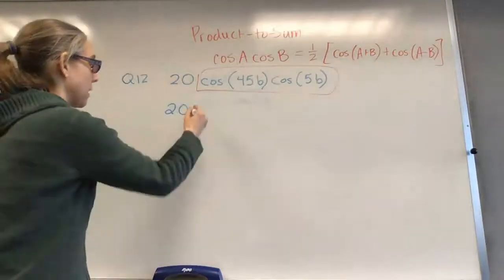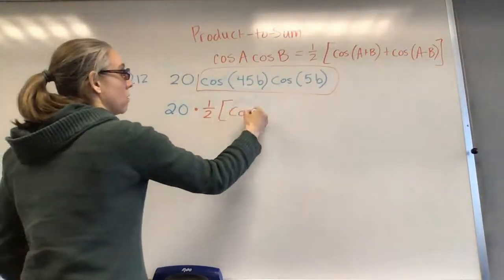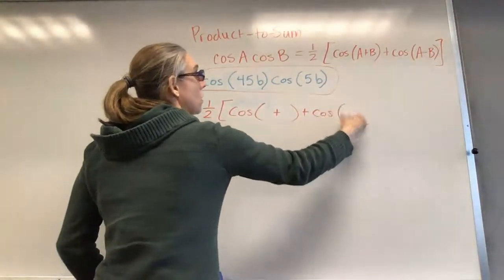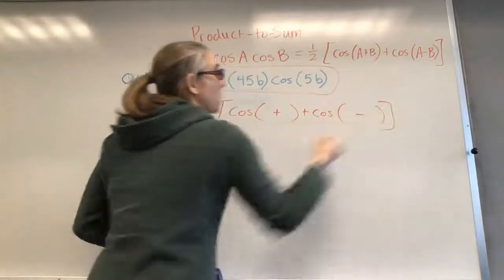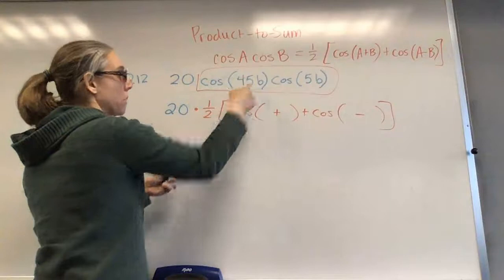So the formula has a 1/2 out in front, a plus b, a minus b, and remember that a is 45b.